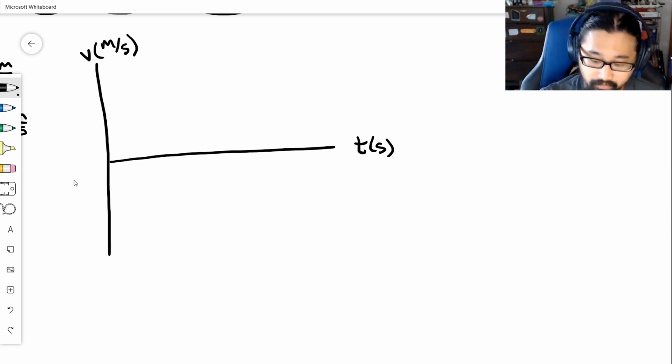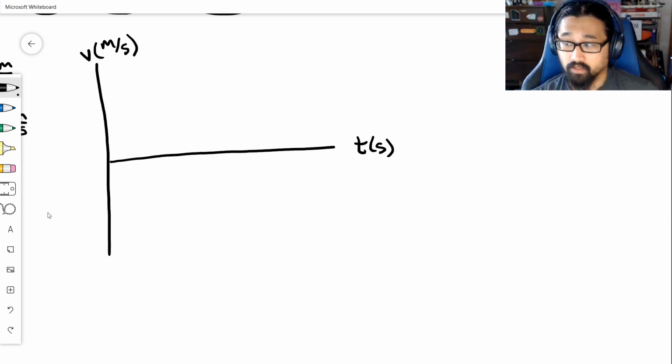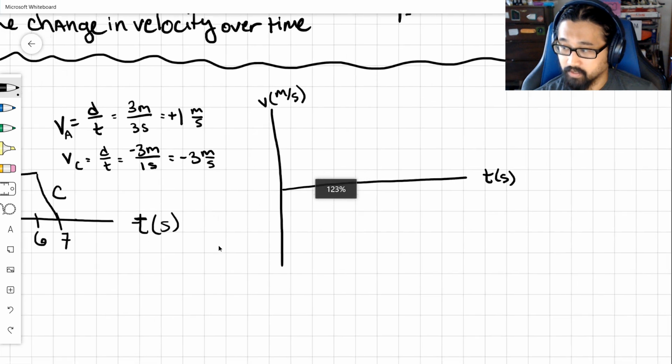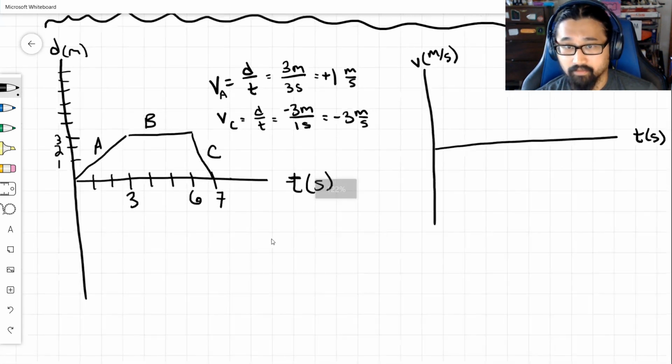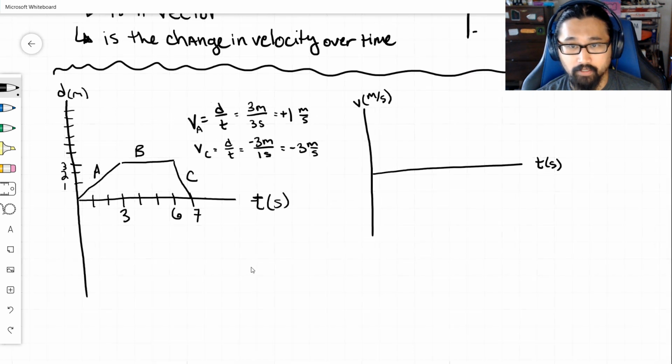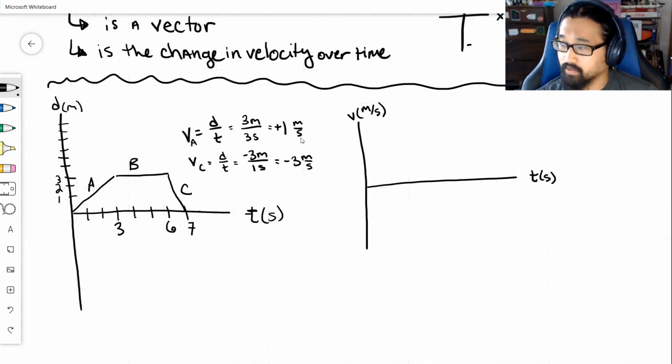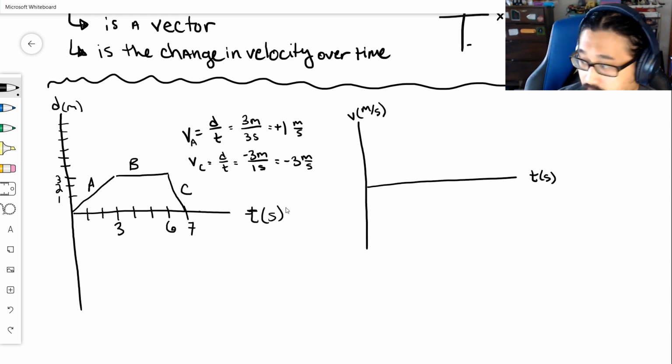Now, I'm going to draw how a velocity time graph, I think I need to zoom out just a tiny bit more. There we go. I'm going to show you how a velocity time graph and a displacement time graph, really this is displacement, right? So displacement time graph and velocity time graph can show us the same information, right?